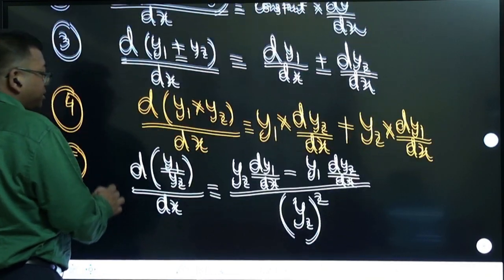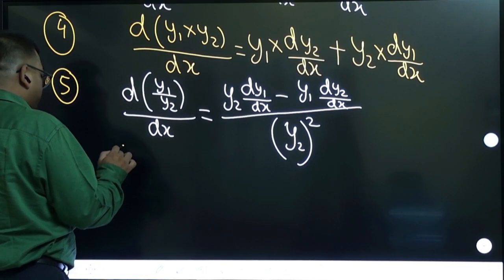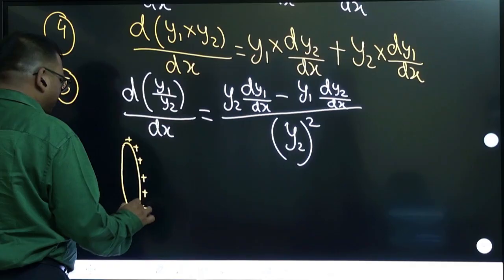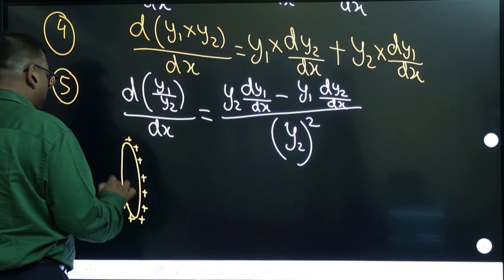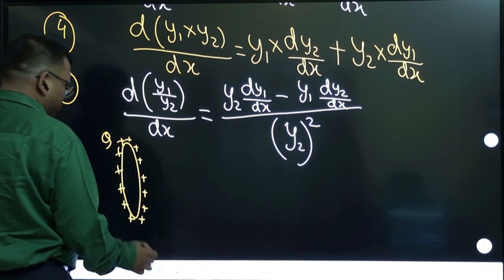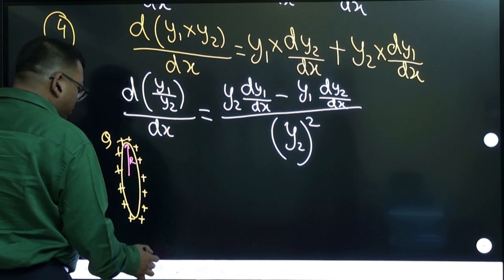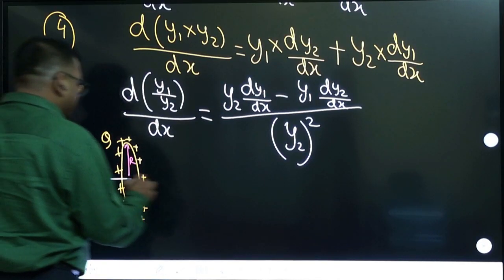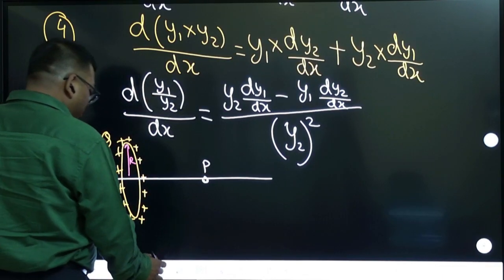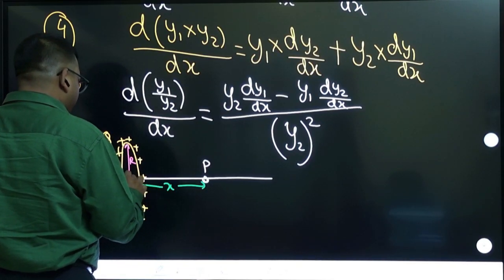This application comes in electric field. Okay, electric field. Suppose you take a charged ring, let us take a charged metal ring. Okay, this is the application I am coming to in this topic. So there is some charge here, let us say, and this is a ring of radius R. And on the axis of the ring, there is a point P, which is at a distance of x from the center of the ring.